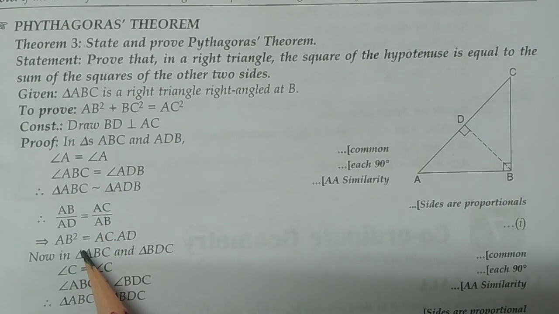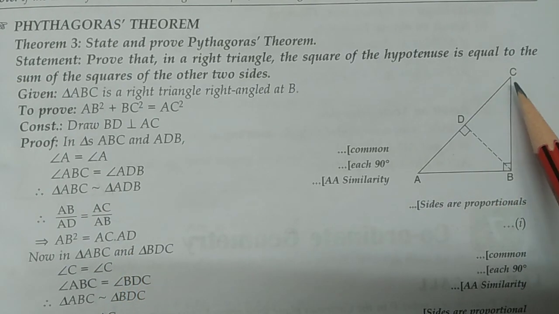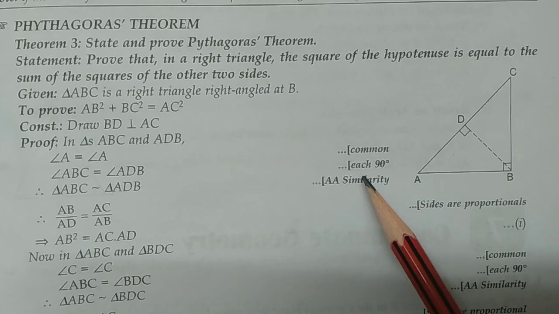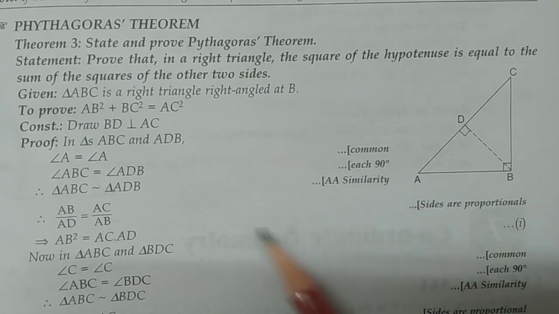So AB square equals AC times AD. Here this angle A is common, and each is 90 degrees. These all are similarity conditions, and sides are proportional here. So we have done point 1, and angle C is common here.